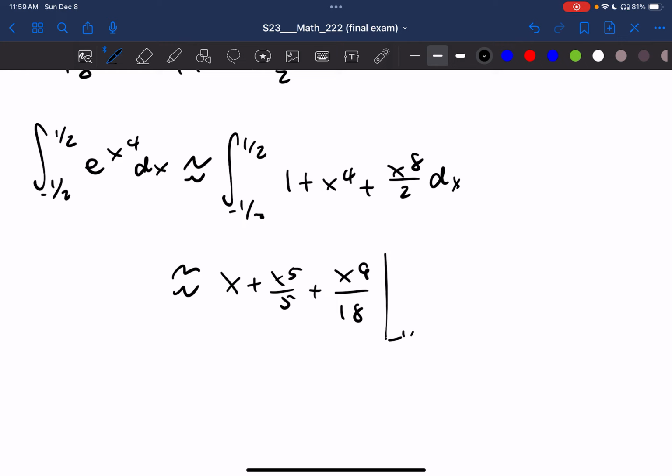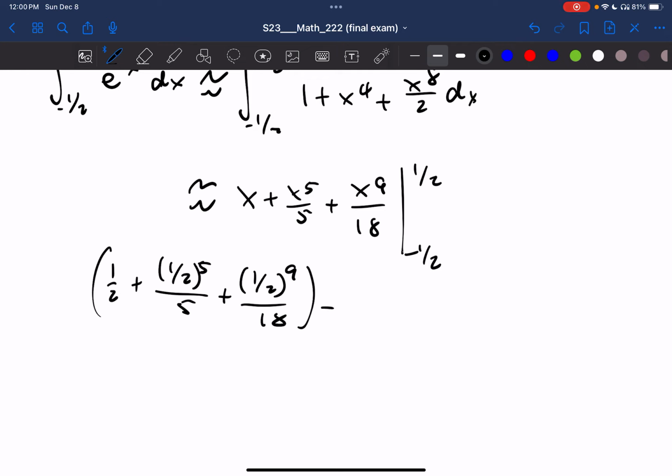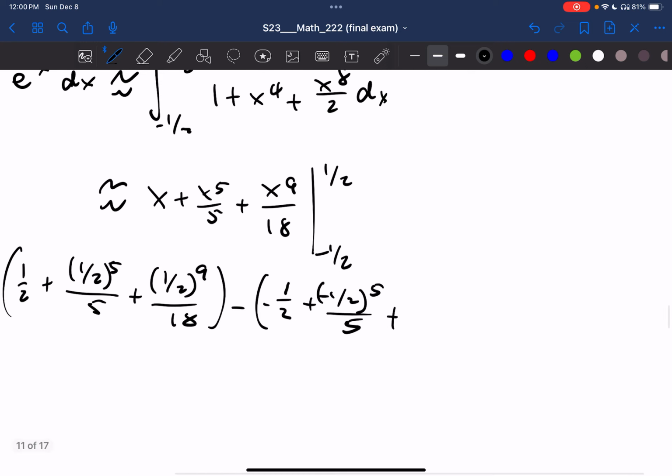Evaluating this from negative 1/2 to 1/2, we're going to end up with 1/2 plus 1/2 to the 5th power divided by 5 plus 1/2 to the 9th power divided by 18, all of this subtracted by negative 1/2 plus negative 1/2 to the 5th power divided by 5 plus negative 1/2 to the 9th power divided by 18. And this should be your answer.